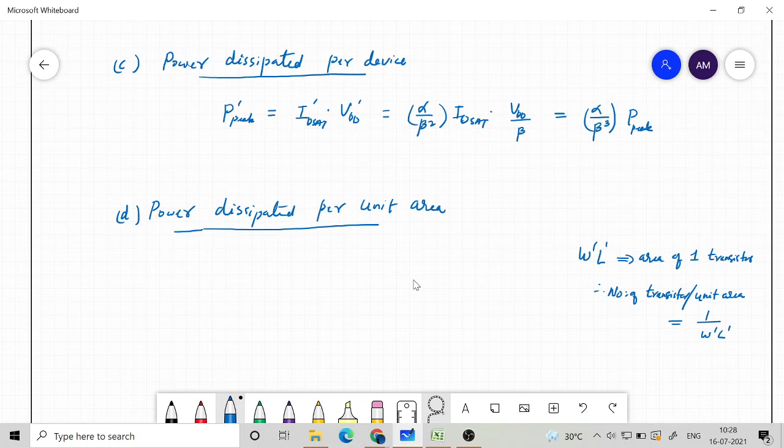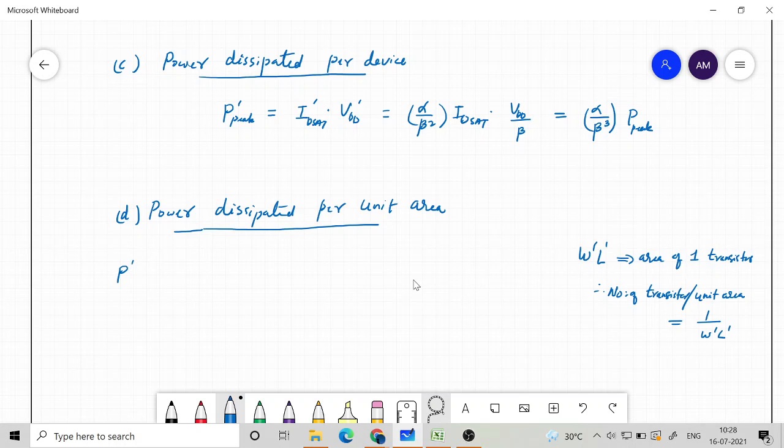W dash L dash is basically the area required by one transistor, so the number of transistors per unit area will be the inverse of that. It's just like frequency and time period. Alright, so we know the power consumed by one device, so you just need to multiply it with 1 by W dash L dash.